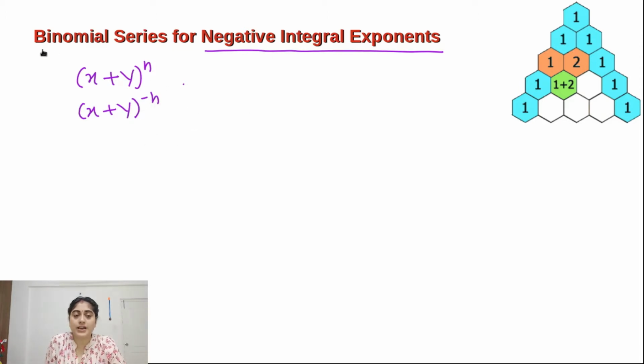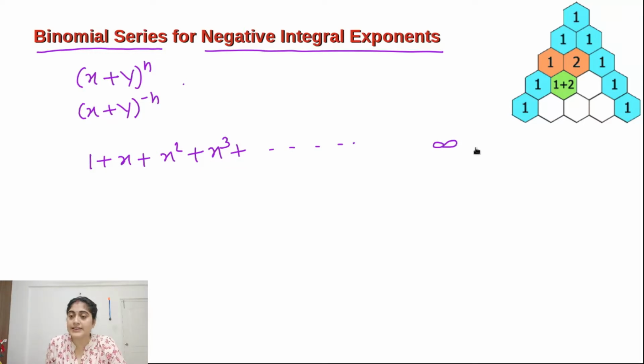One more thing I want to tell you is what is called a binomial series and a binomial expansion. If I give you a series like 1 + x + x^2 + x^3 and so on, going up to infinity, then it is called a series.